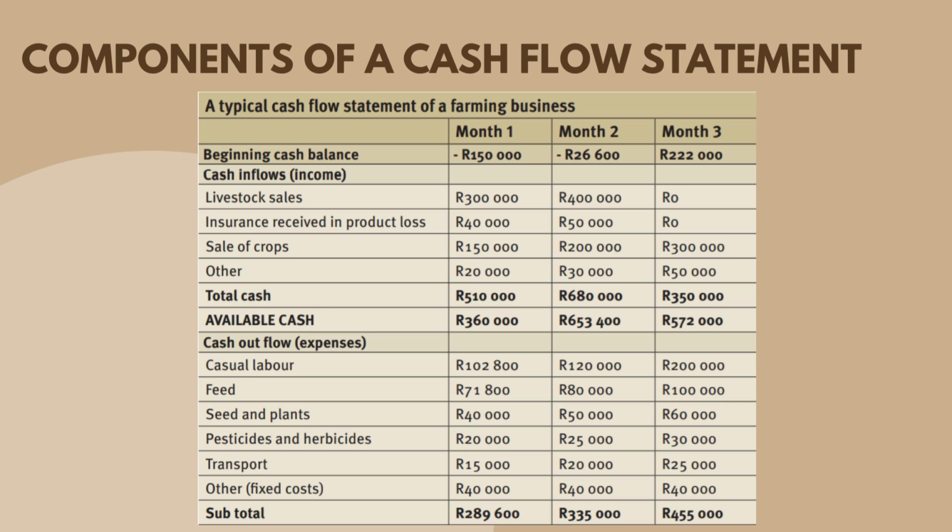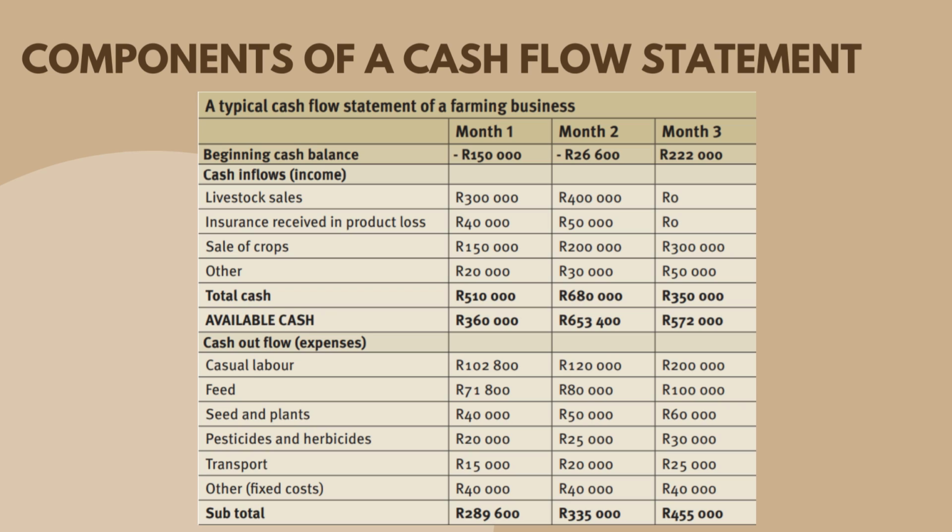So now, as a farmer, you need to keep records of everything. I mean, guys, everything, right? So basically, the main components of the cash flow will include the opening balance. Now, this is cash available at the start of each month. The closing balance. Now, this is cash that is available at the end of each month. It will also include income.